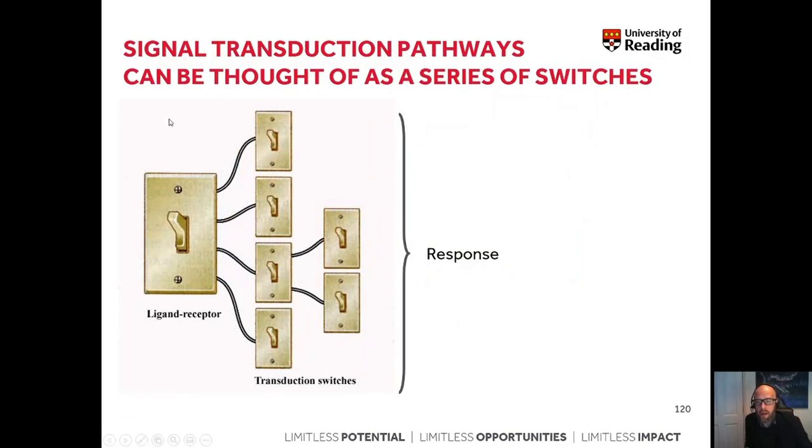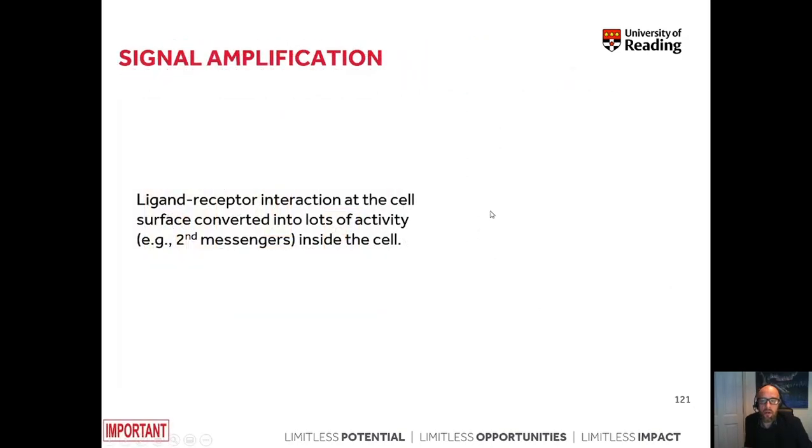So again, we have activation of a receptor by a ligand. This is our first molecular switch. And this leads to activation of subsequent transduction switches. And usually the signal is heavily amplified here because binding of one ligand usually results in production of many molecules of the second messenger. This in turn produces the biological response.